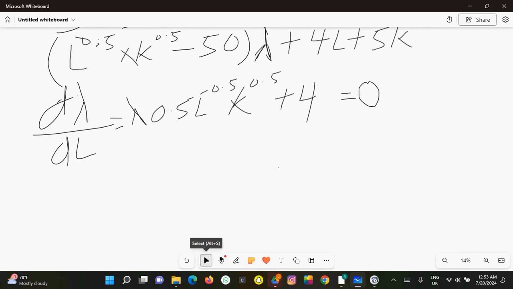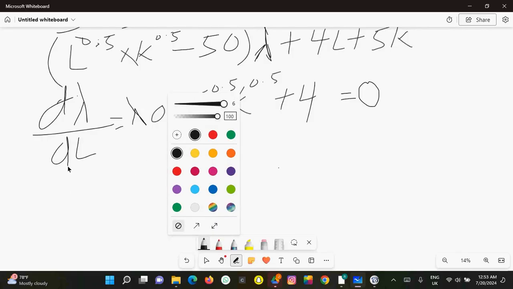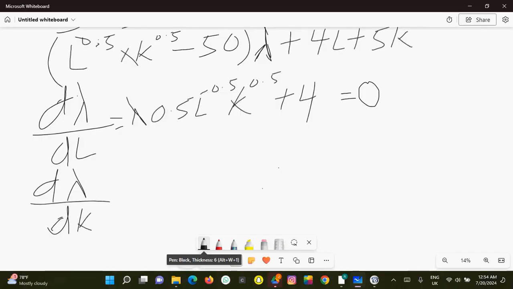So now from the same equation, we are going to differentiate lambda now with respect to K, right? So we are going to bring lambda out again. And now we are doing it for K. So 0.5, we have K here.